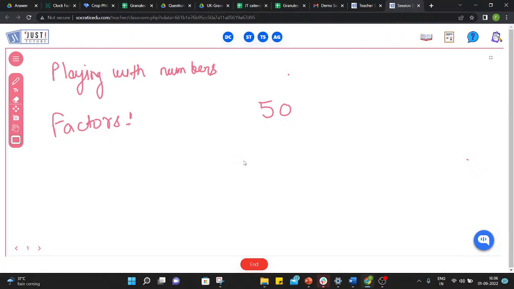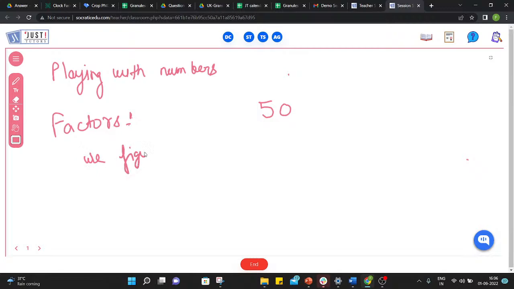What I mean by this is, how can we get the number 50? How can we multiply 2 numbers or 3 numbers or 4 numbers together so that the resultant is 50?